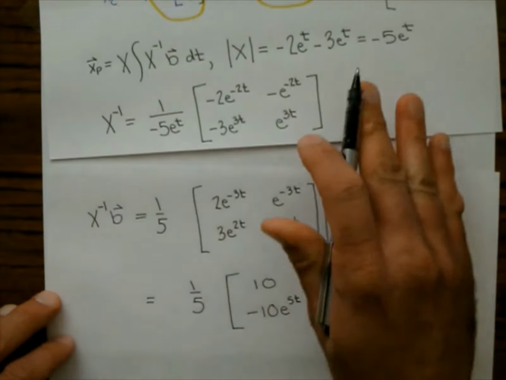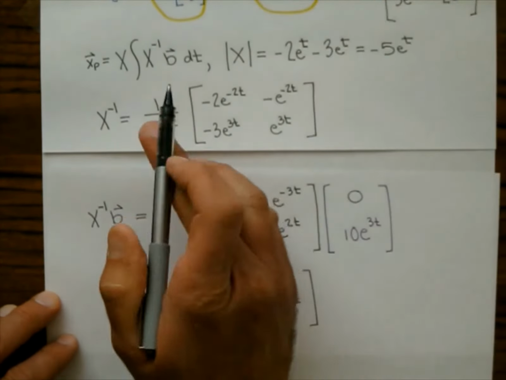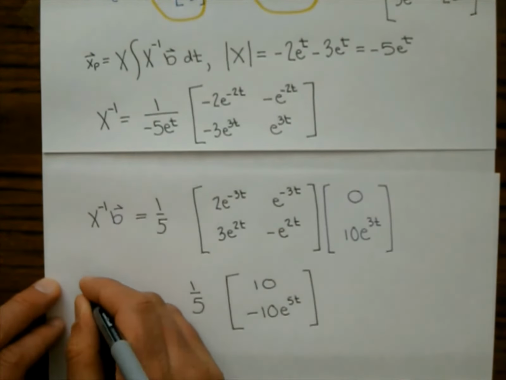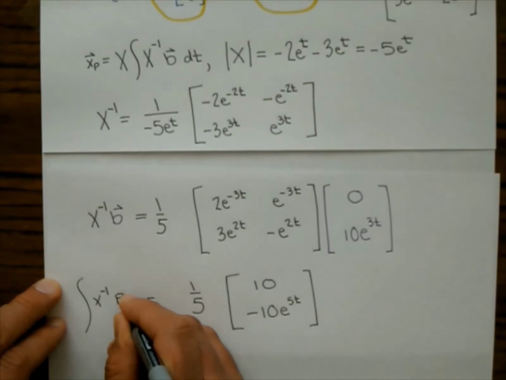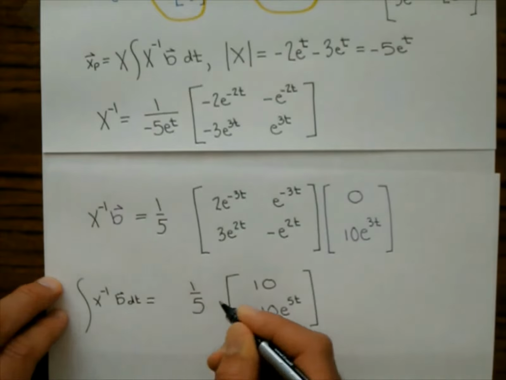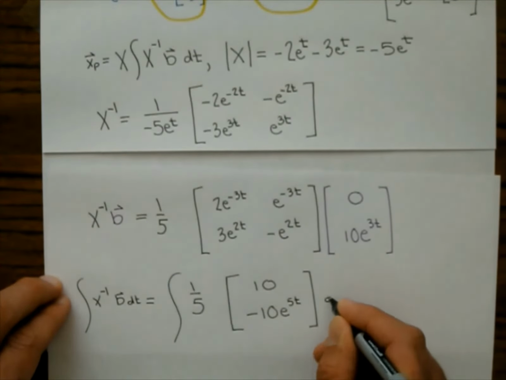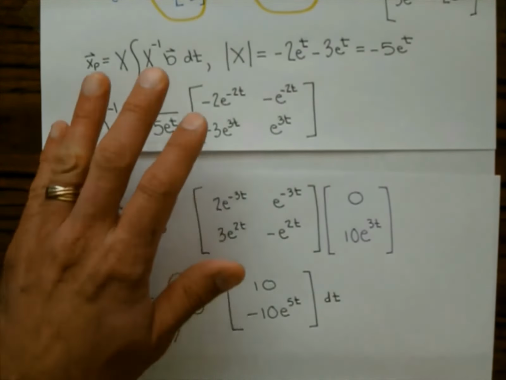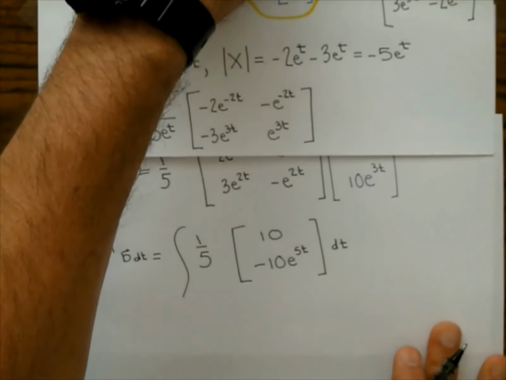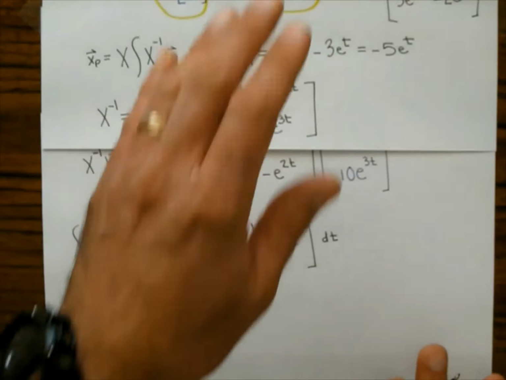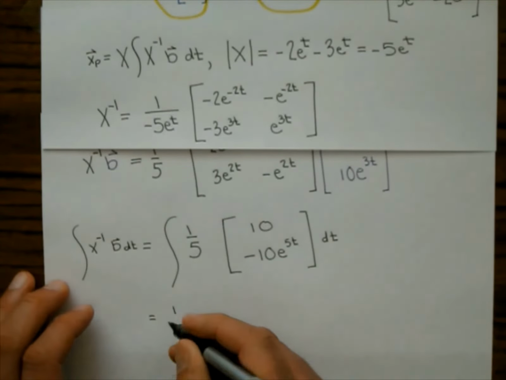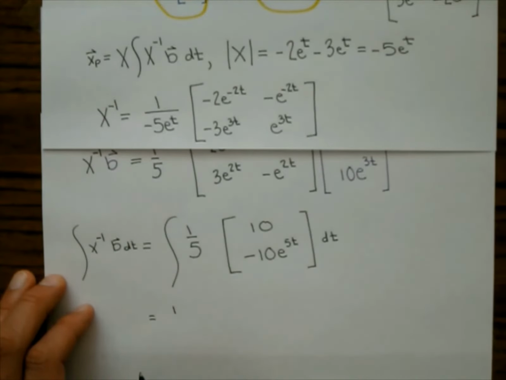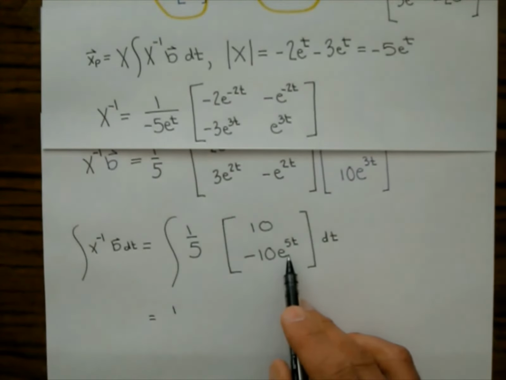What I want to do next, so here's my roadmap, is I want to take the integral of that. So I want to go integral X inverse B dt. So I'm going to integrate this. I'm going to bring the 1/5 outside the integral sign. Oh, wait a minute. Actually, this is sweet. Do I want to do that?